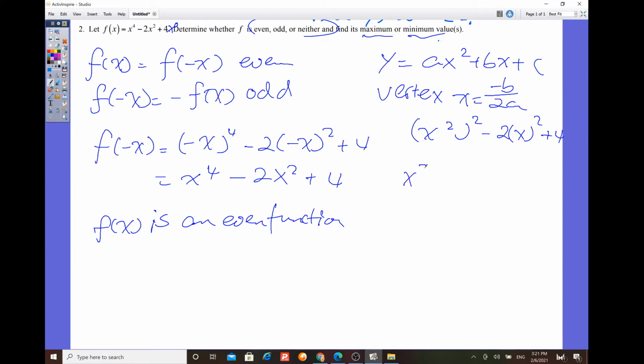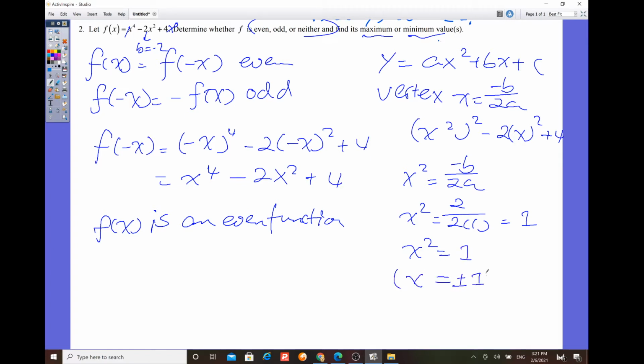Solve for x squared first using the vertex formula. So x squared equals negative b, which is negative negative 2, divided by 2 times 1. What we got here is 1. So x squared equals 1, so x has to be plus or minus 1 for the vertices.